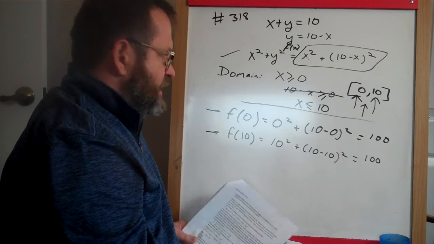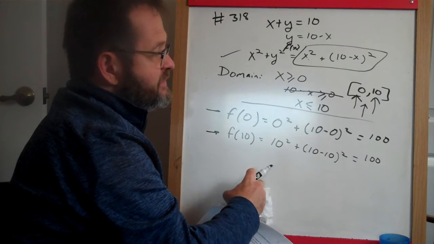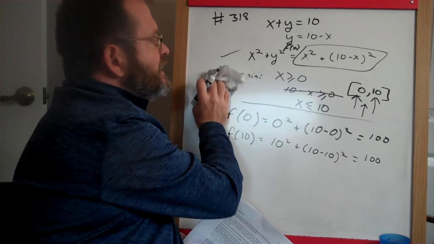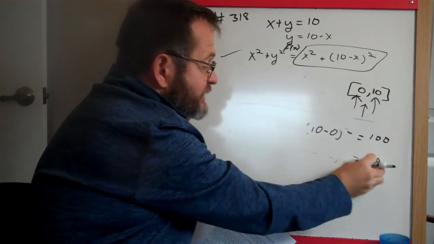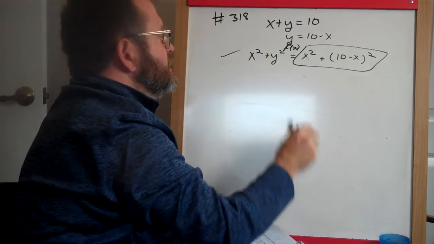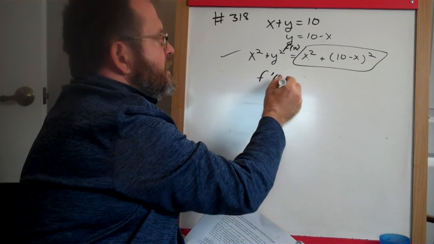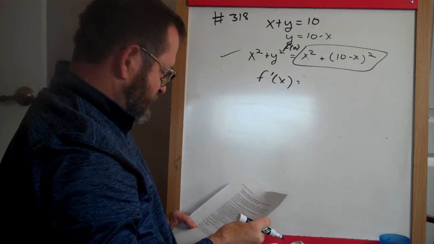All right. Now we need to go look for those critical points that are between 0 and 10. That means we need to find the places where the derivative of the function is equal to 0. Here's our function. Its derivative then is, well, I'm going to save myself some steps here.